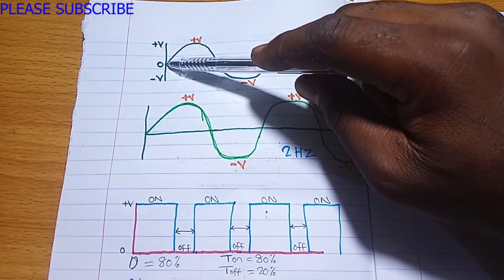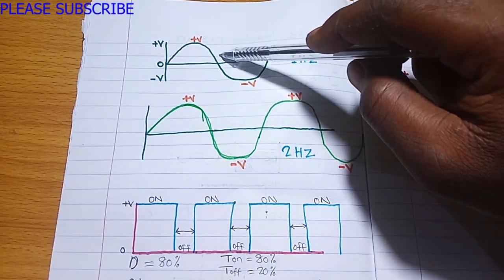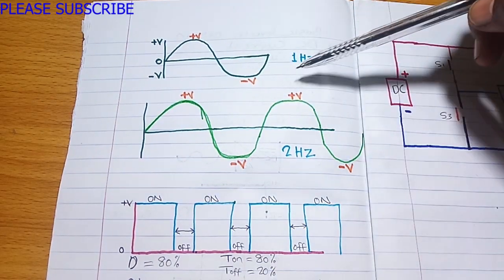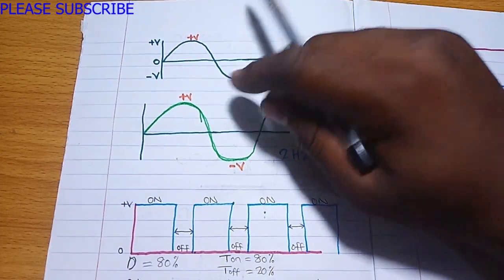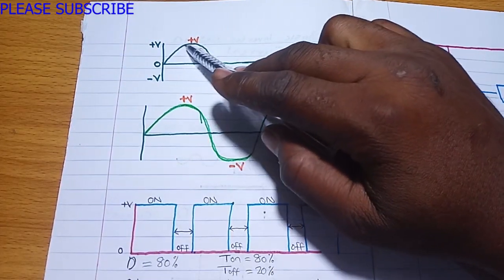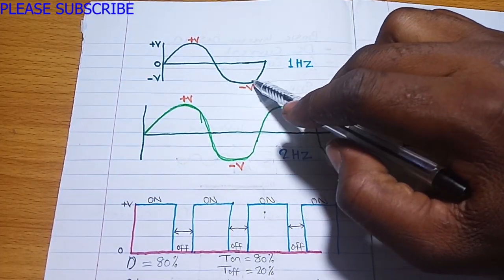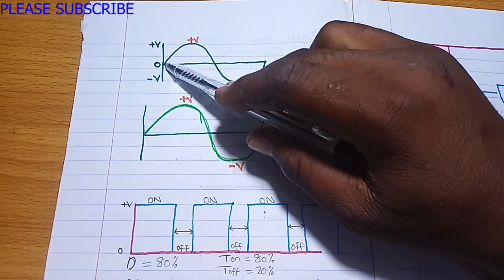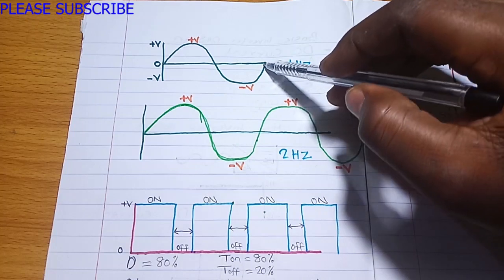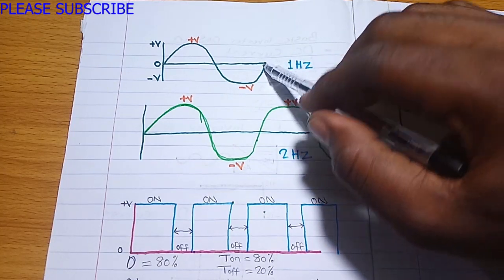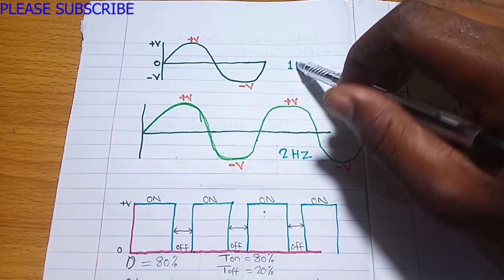Once an AC completes its change of position per cycle, it is known as 1 Hz. Looking at this, you can see that it changes. This is the signal of an AC. This is the starting point of this signal, and it will also end here, which completes 1 cycle, and this 1 cycle is what we call 1 Hz.